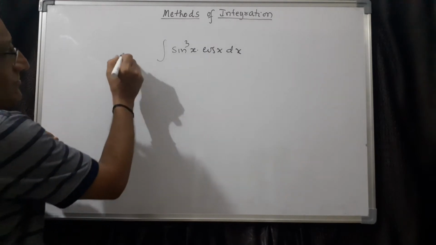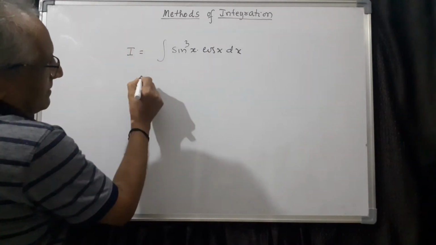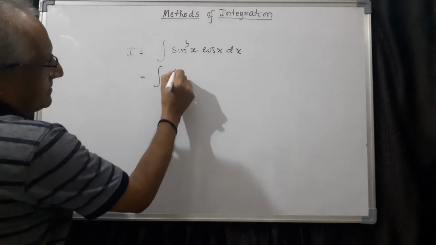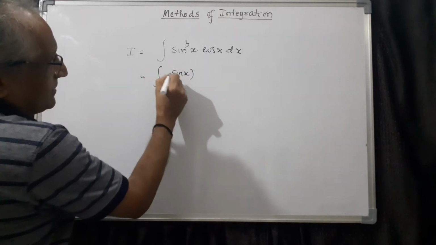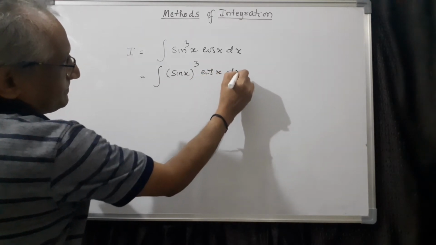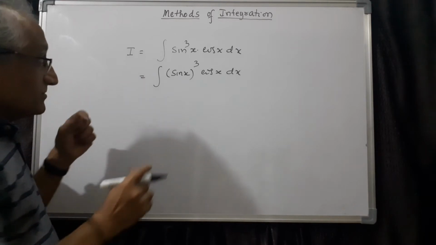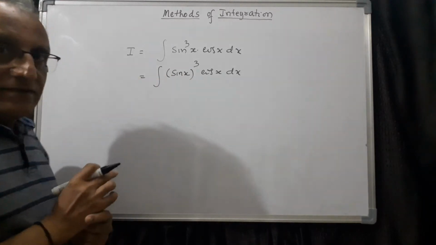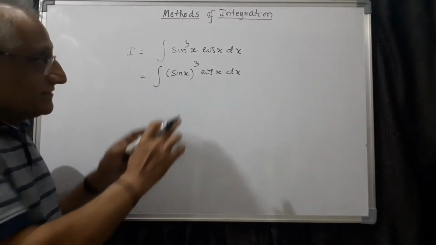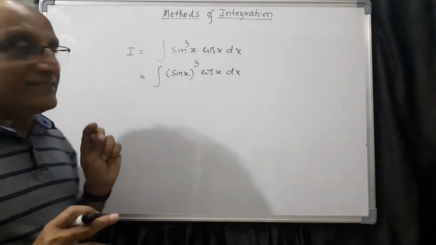Now here what you have to do is, suppose you take this as I. This can also be written like this: sin x, whole cube, then cos x, then dx. Substitution method means you substitute something for the given integrand and make it integrable using the formula which you know already. That is the idea.